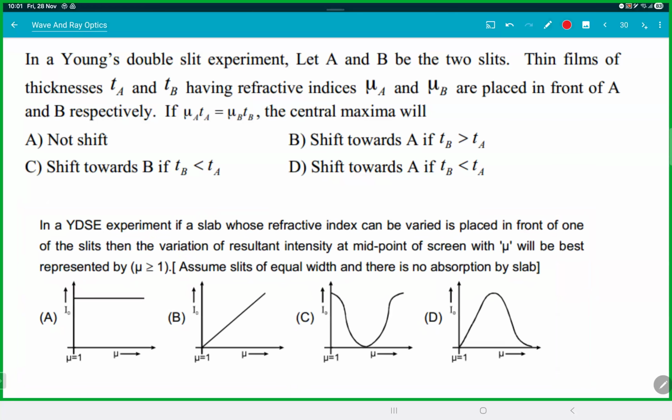Let's get this. The films of thickness tA, tB, refractive index mu A, mu B, central maxima will... Remember the formula?